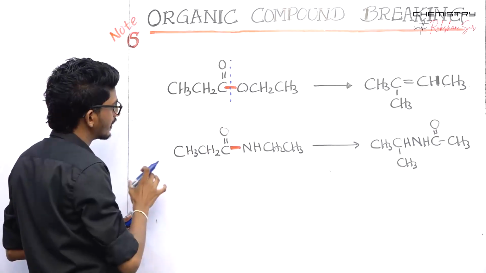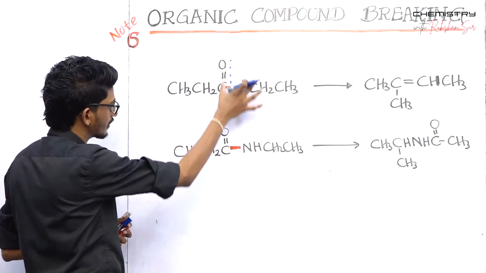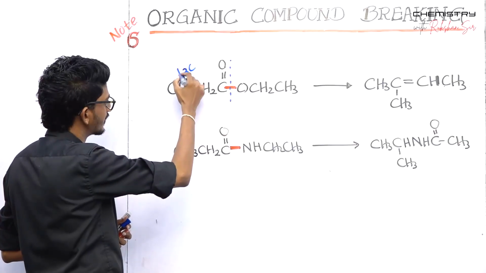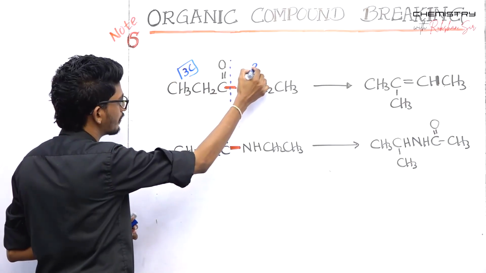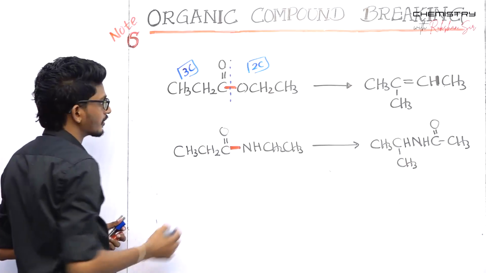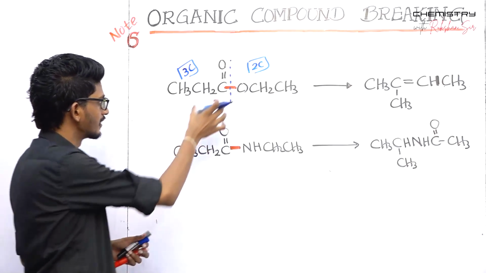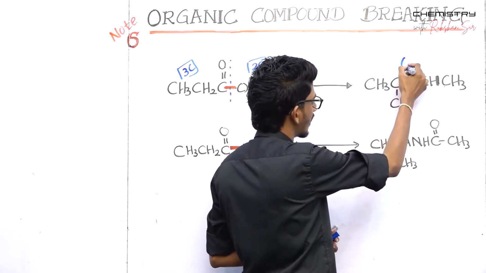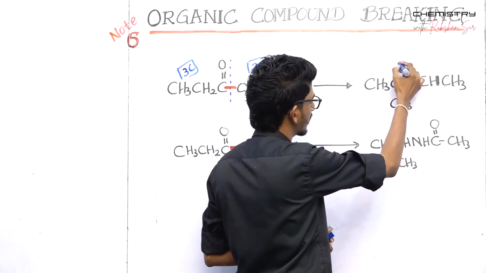We could clearly see this total compound consists of a 3 carbon block and a 2 carbon block. At the starting compound, you are supposed to come up with a 5 carbon compound.